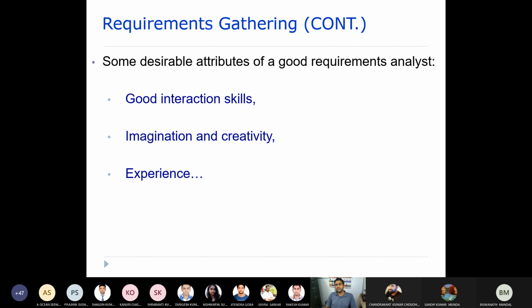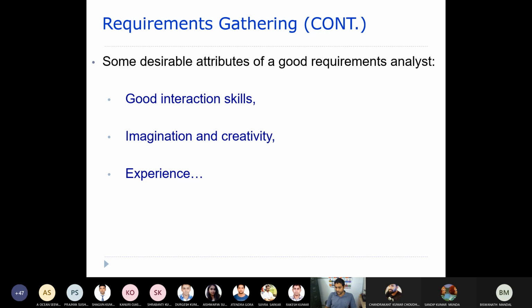So, some desirable attributes of a good requirements analyst, as I told you. The analyst is the one who is gathering all these requirements, carrying out all these interviews with the customer. He should have very good interaction skills, and also imagination and creativity skills.